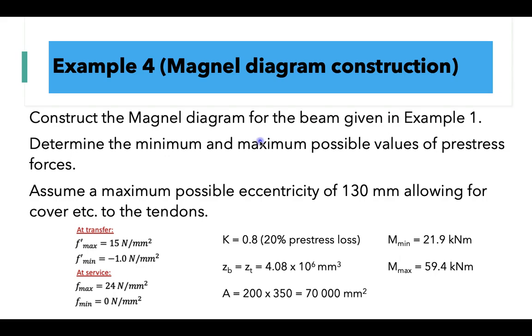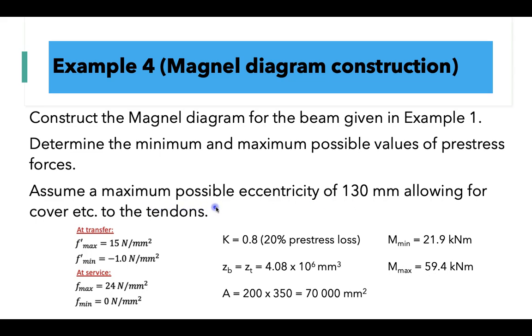Determine the minimum and maximum possible values of pre-stress forces, assuming a maximum possible eccentricity of 130 mm, allowing for cover and etc. to the tendons. So this is the maximum possible eccentricity that we are going to use for our question.